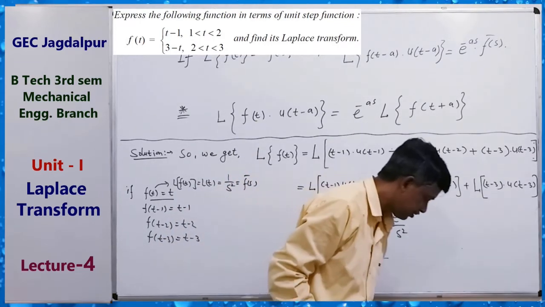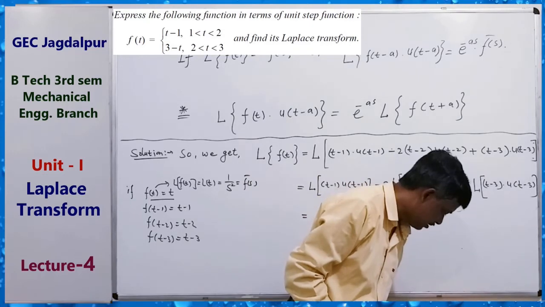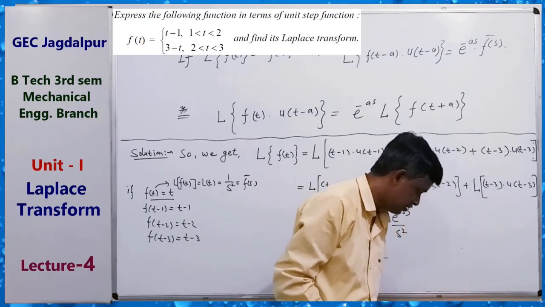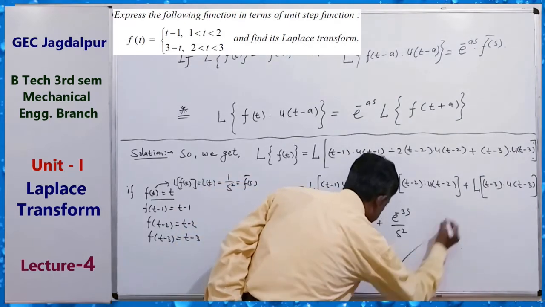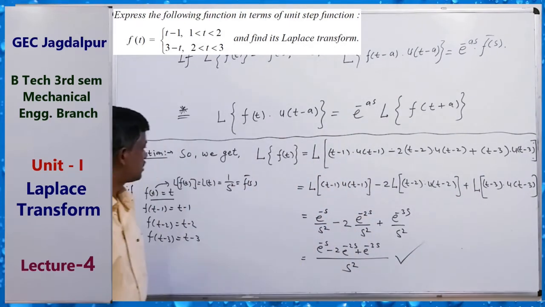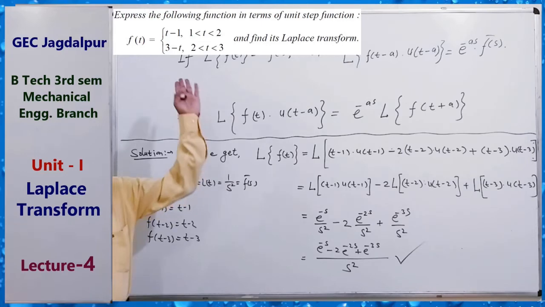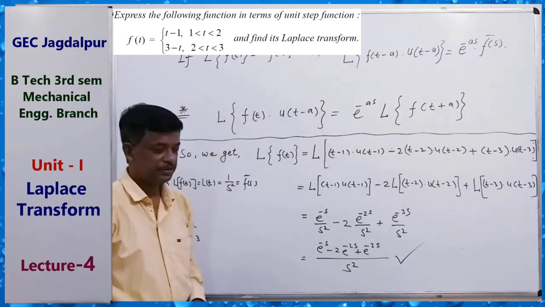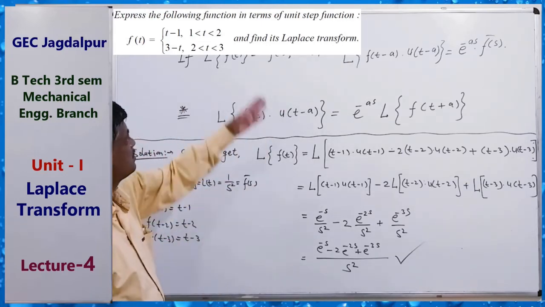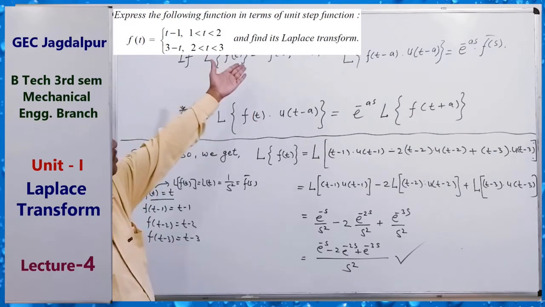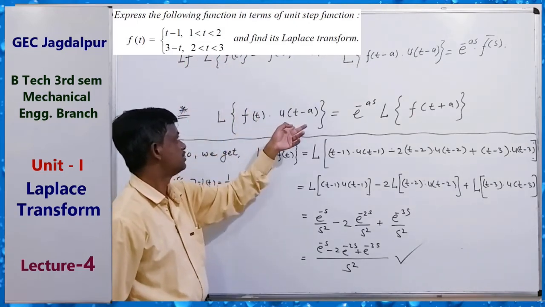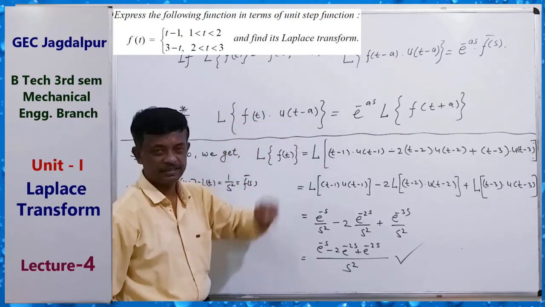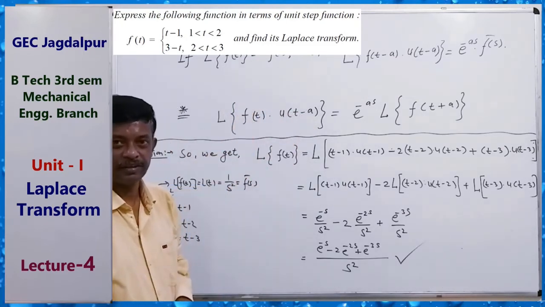Clear? So this is our Laplace transform of the given function. Here the main thing is using this formula, the second shifting property. Both forms are the same.